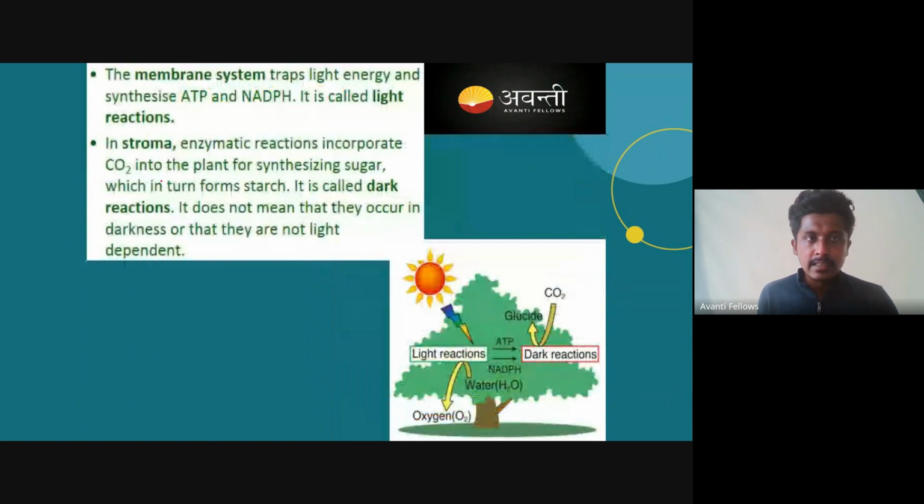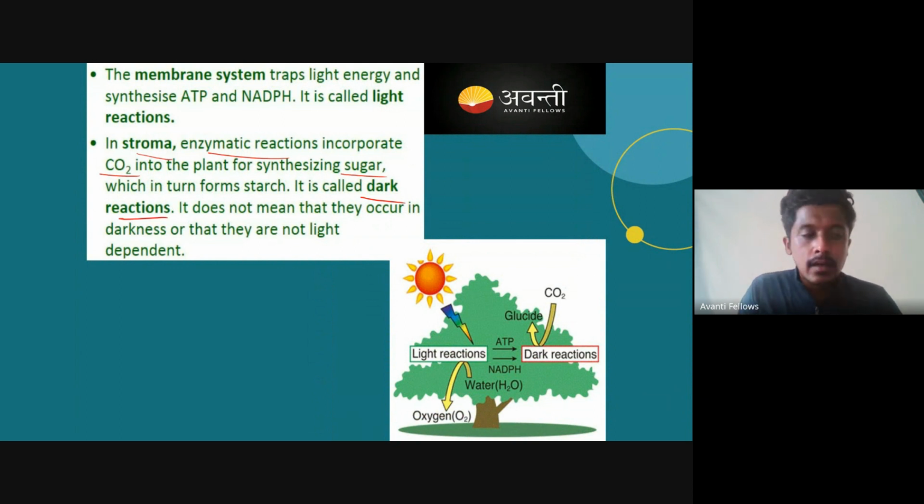The stroma contains a lot of enzymes which convert carbon dioxide into glucose or sugar. Since they participate in manufacturing this glucose, and it depends on light only indirectly, not directly on light, they are called dark reactions.